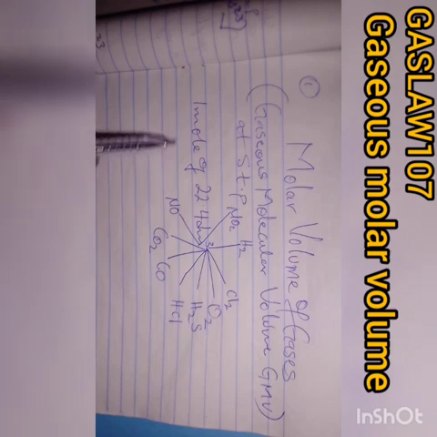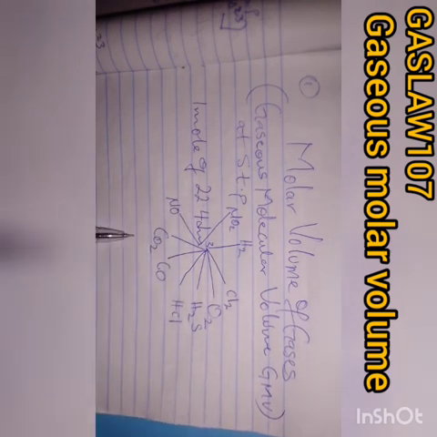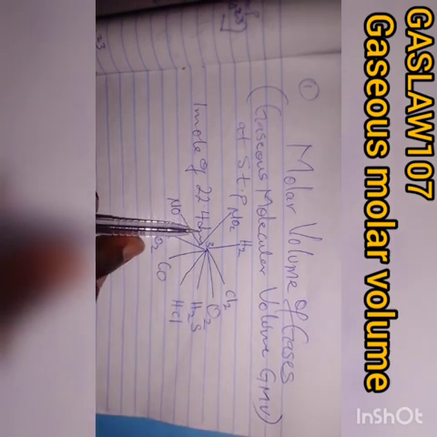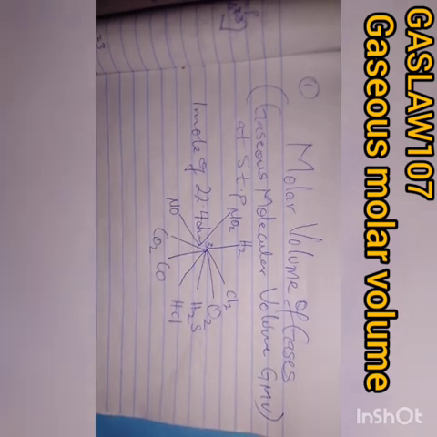So that is to tell you that 1 mole of any given gas at STP is equal to 22.4 dm cube. Take note of that.